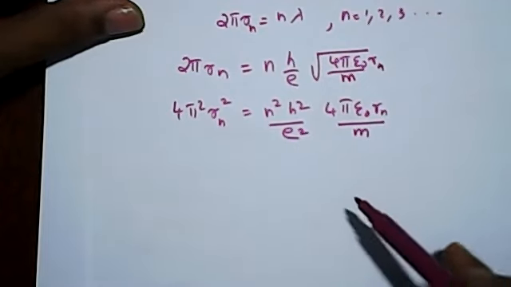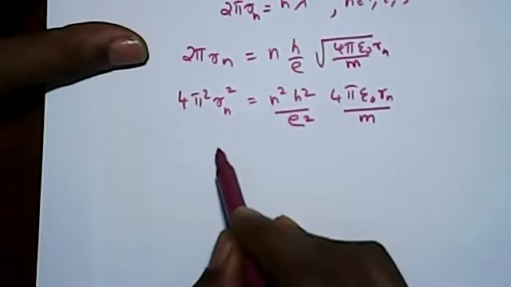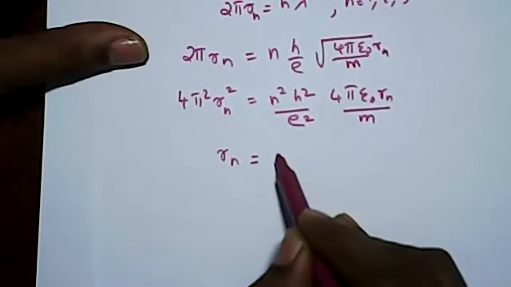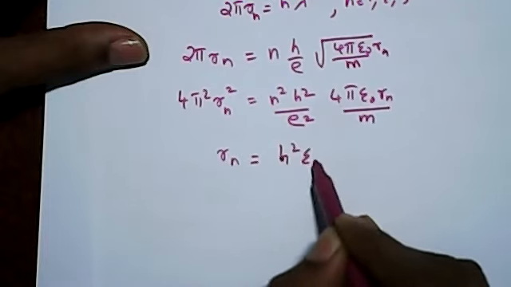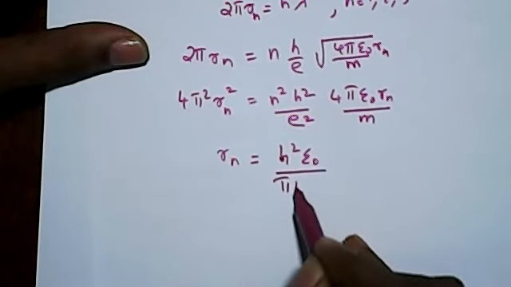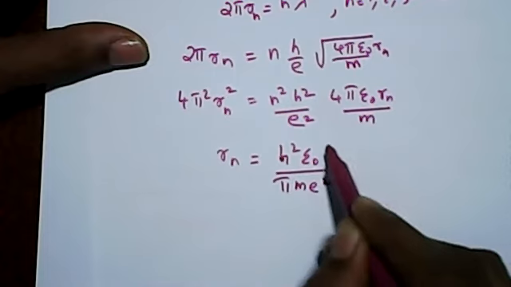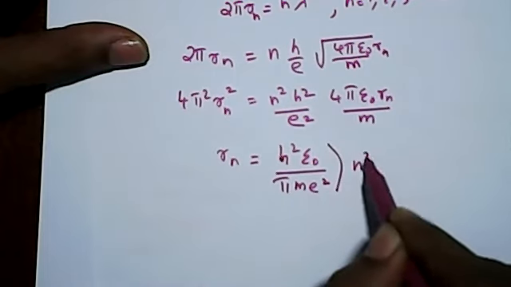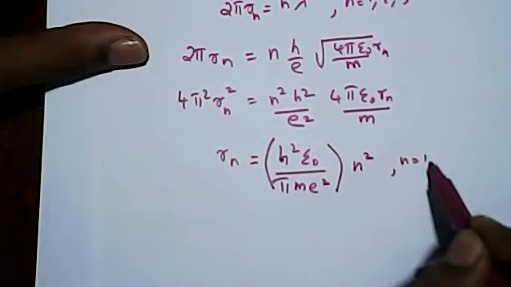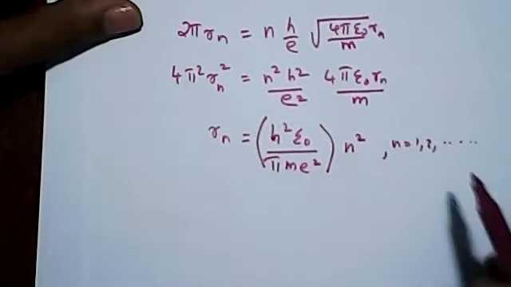What remains is rn equal to h square epsilon 0 divided by pi m e square into n square, where n equals 1, 2, 3, etc.